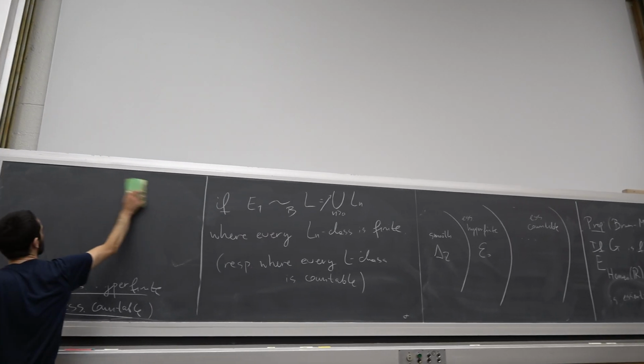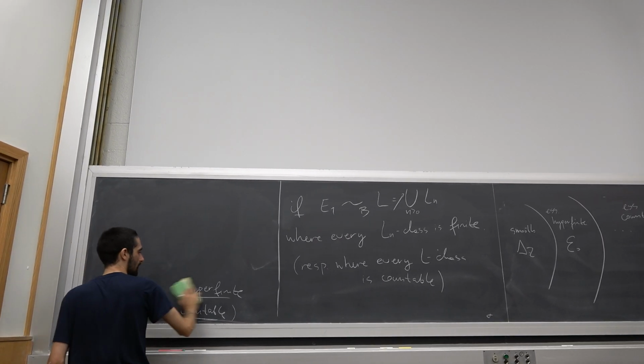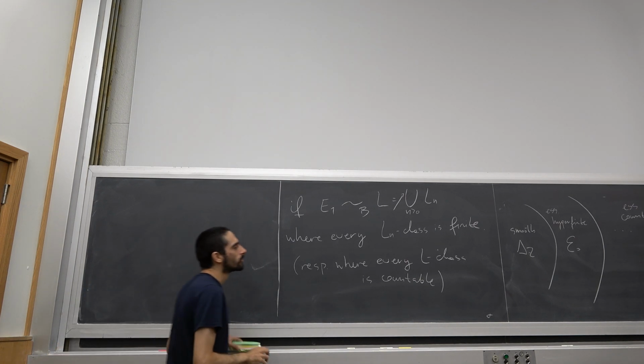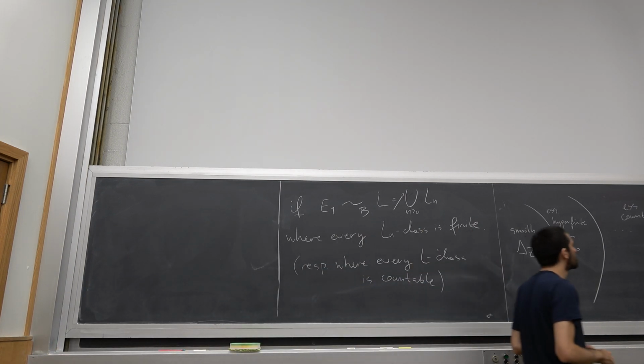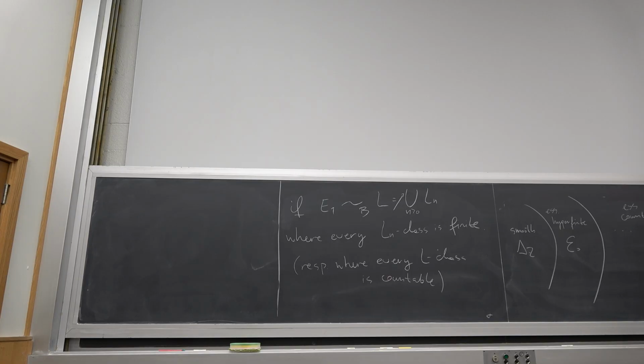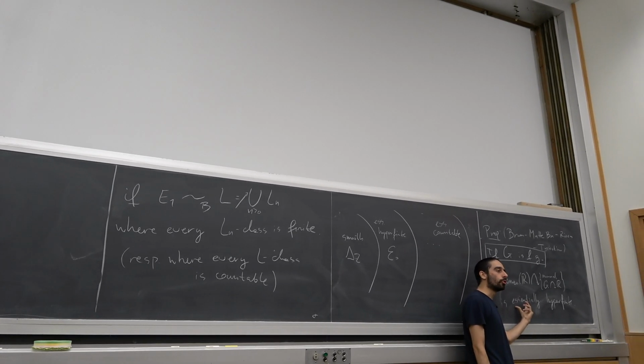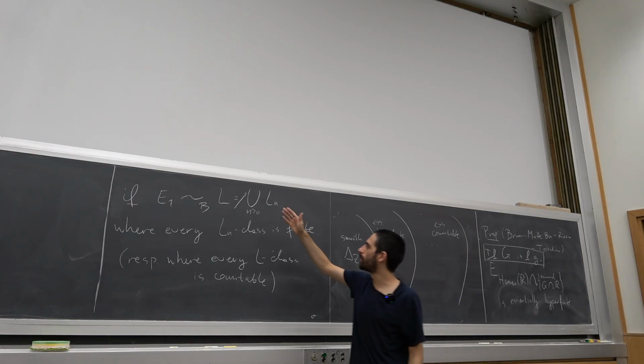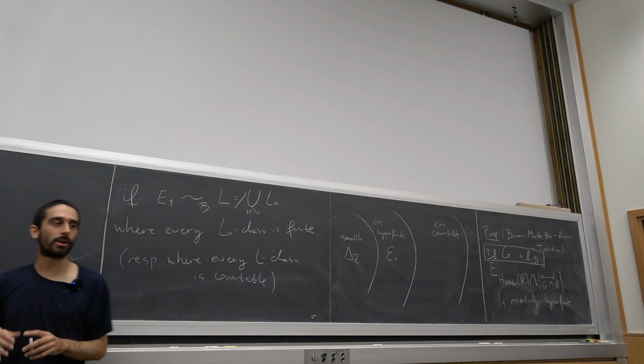Okay, so first question: do you think it could be essentially hyperfinite but not hyperfinite? Essentially means outside some null set, it's hyperfinite, right? No. What I said here is that it is reducible to a hyperfinite relation on the nose.